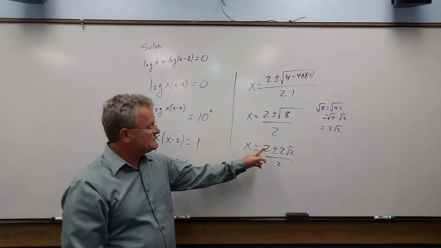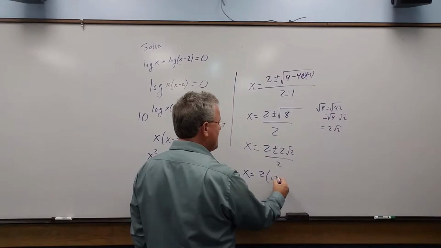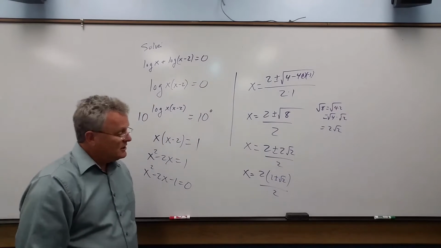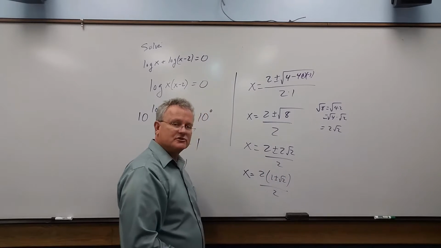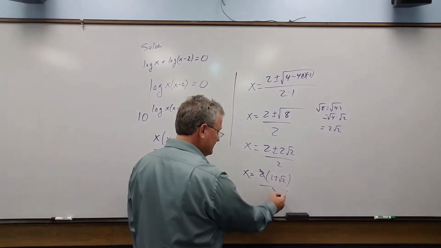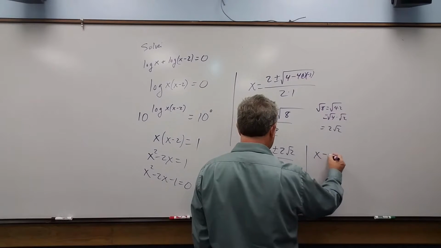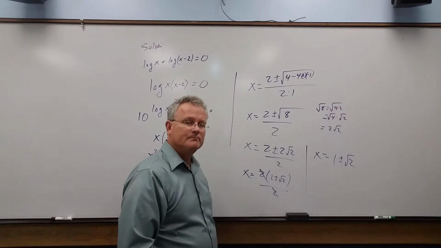To simplify this, let me factor out a 2, and we're left with 1 plus and minus root 2 over 2. Because we're multiplying factors, we can cancel. And x is equal to, let me write it over here, 1 plus and minus the square root of 2.